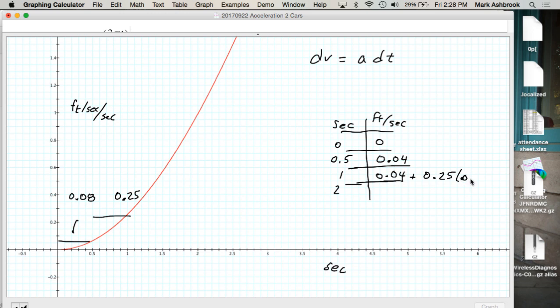Oh, okay. And what did you get for that total value? Well, with that one, it would be 0.129 feet per second. Something else? 165. The total is 165? Okay, thank you.